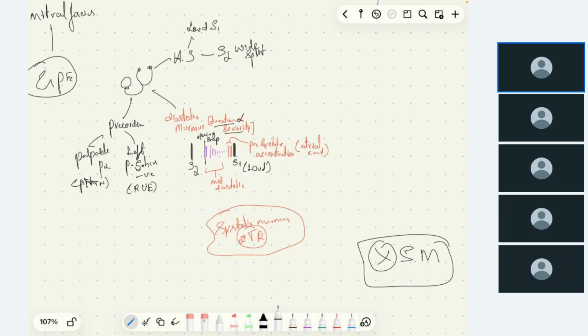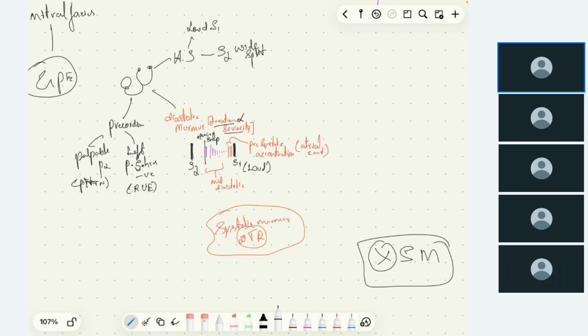Following closure of aortic valve, imagine, guys, there is isovolumetric contraction of the ventricle. Then it should be followed by, sorry, I told it the wrong way.